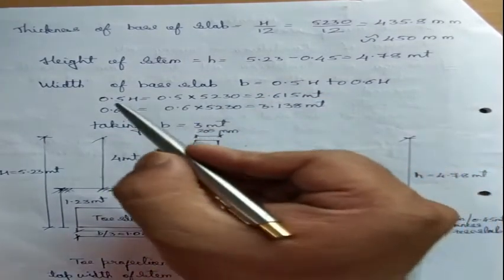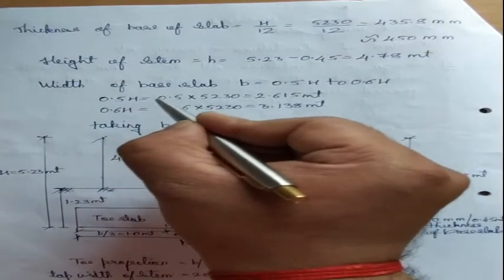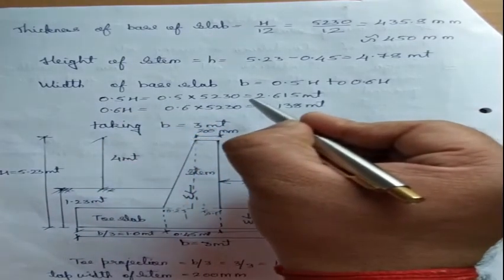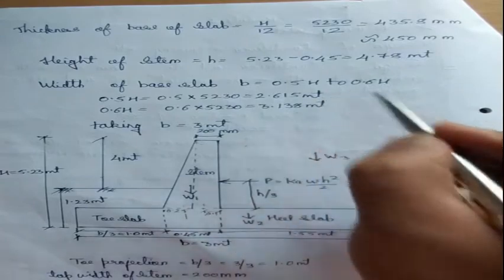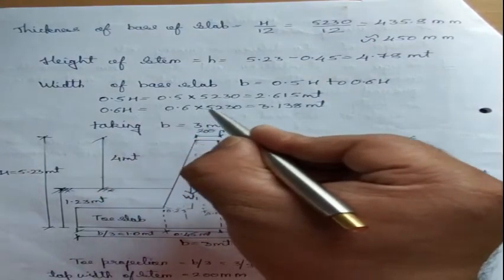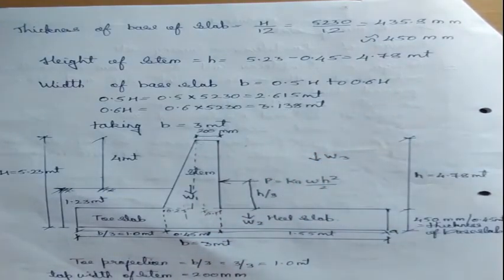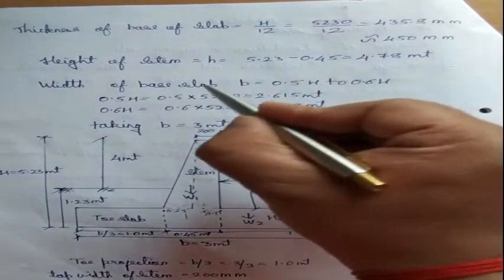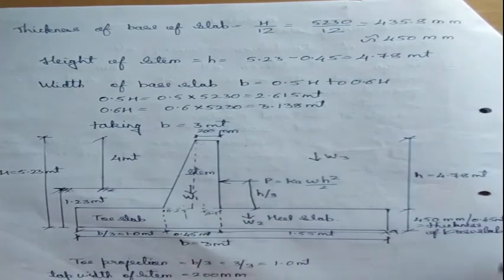After computing, 0.5 h is equal to 0.5 into this, so it works out to be 2.615 meter, and 0.6 h works out to be 0.6 into this, 3.138 meter.